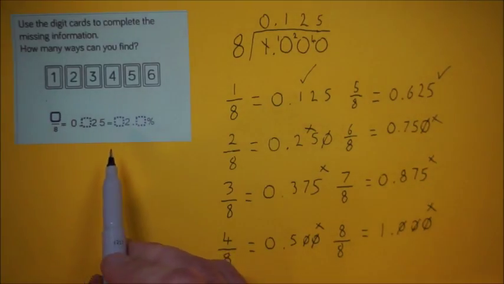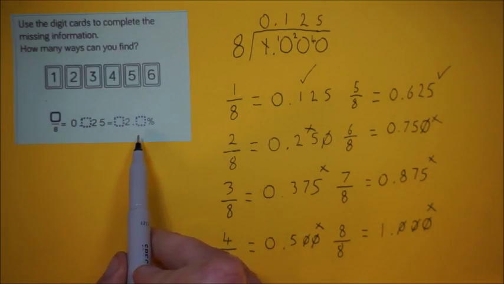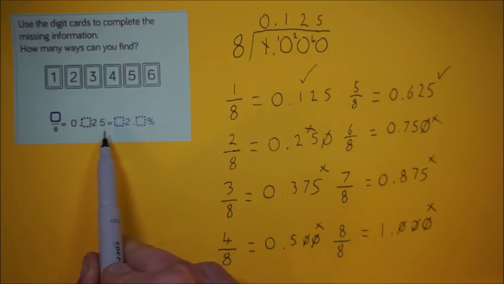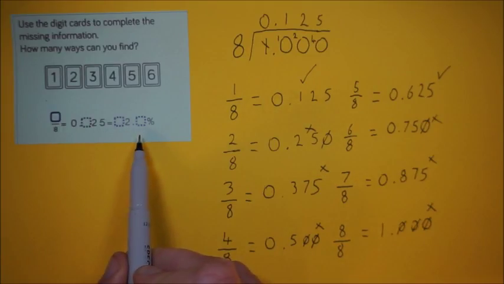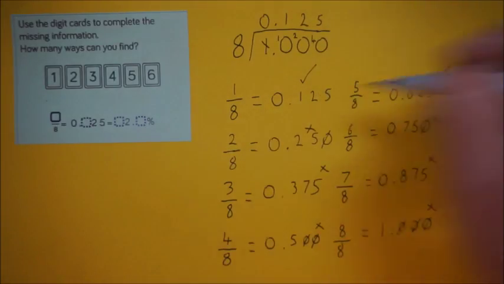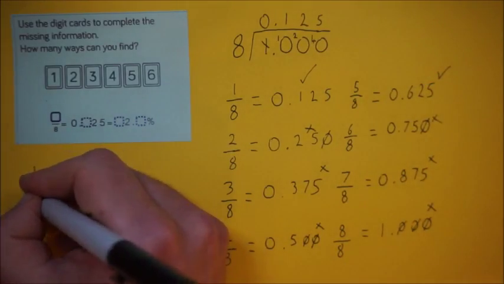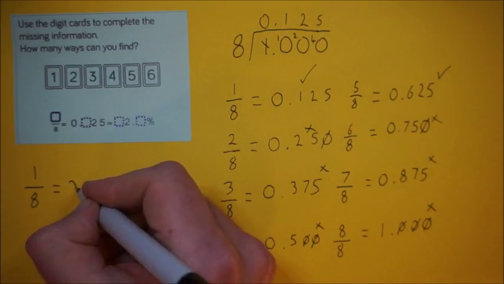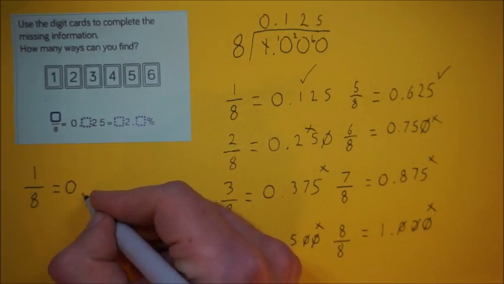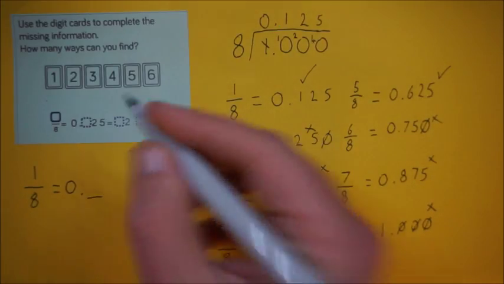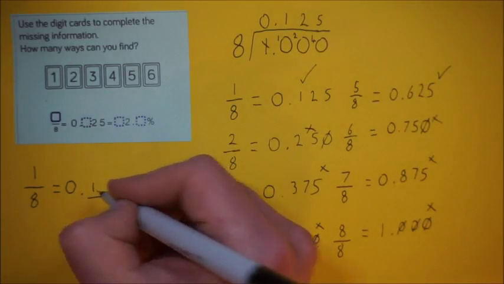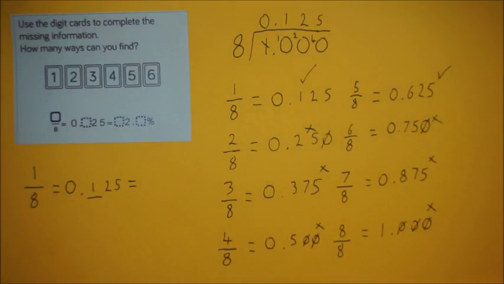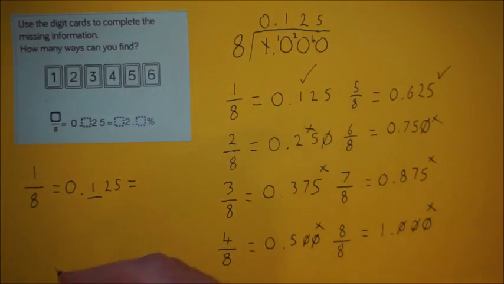So what about the percentage? Well, it's nice and simple from here, because all I need to do is take my decimal and multiply it by 100. I think 1/8, I've already proved, is equal to 0 point, and then this is my number that I'm dropping in from a number card, 125, which is equal to, and all I'm going to do is multiply it by 100 to get my percentage.